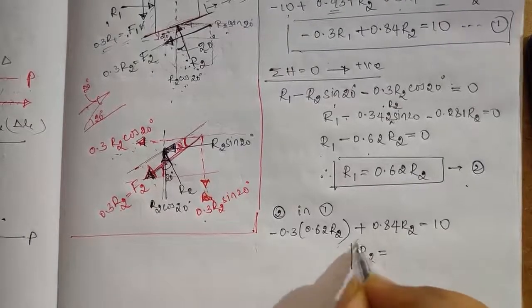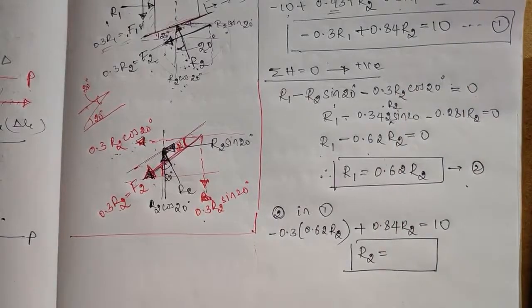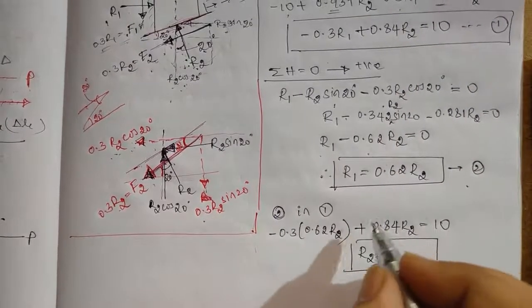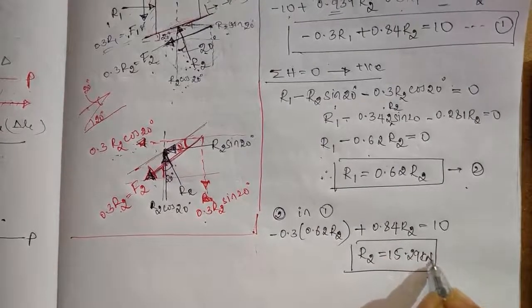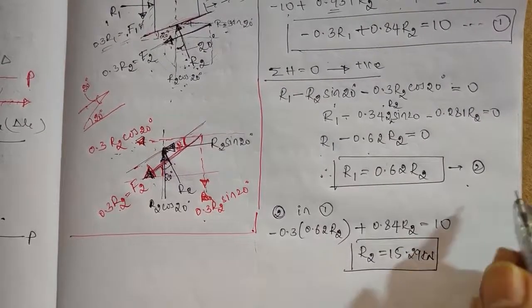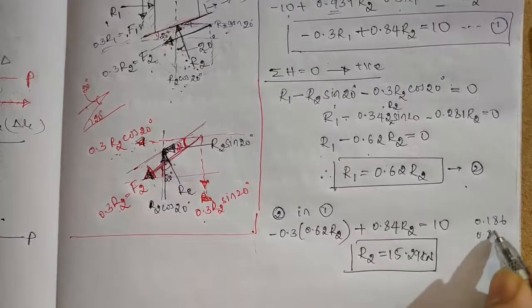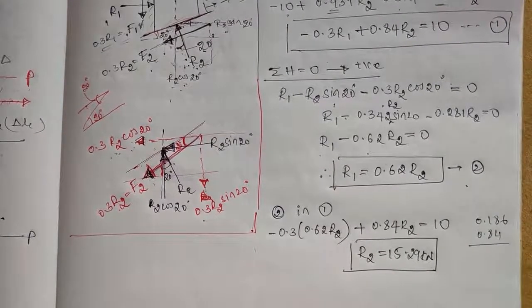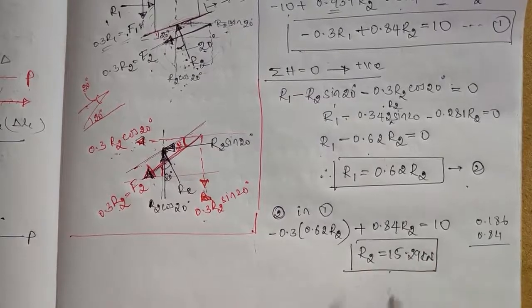Therefore R2 is equal to, I'll directly write, 15.29 kilonewton. 0.62 into 0.3 is 0.186, then 0.84 minus that, and dividing into 10, you will get the value 15.29.